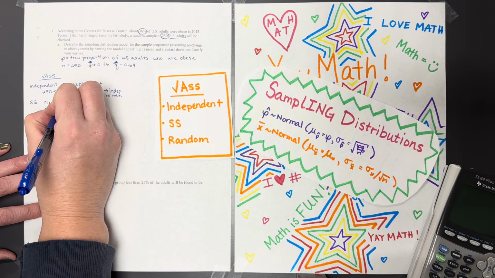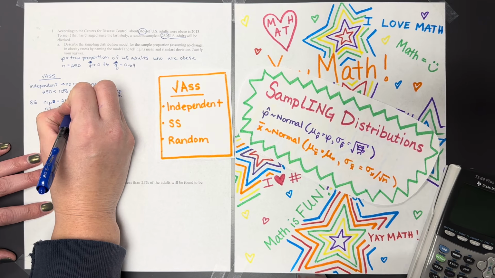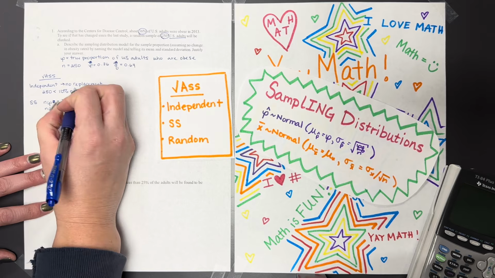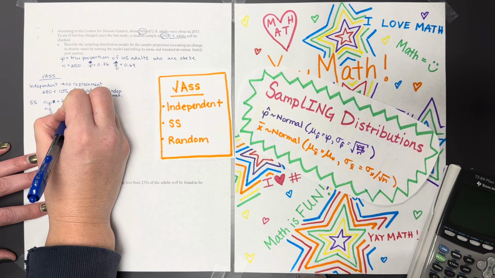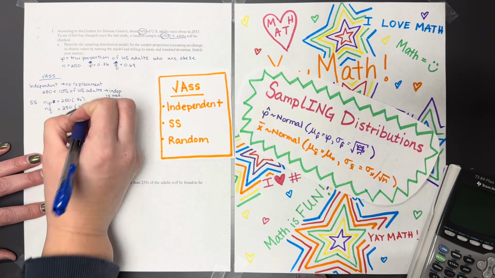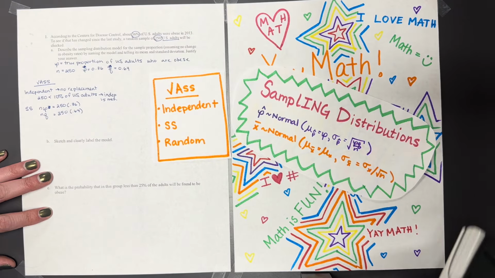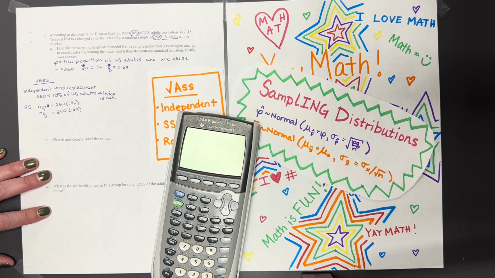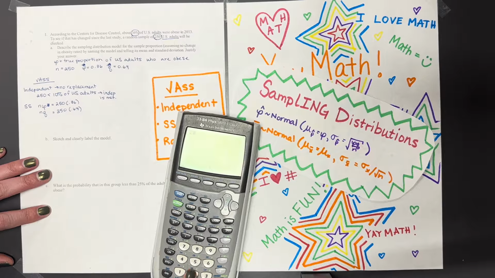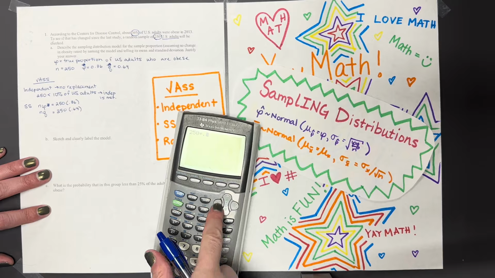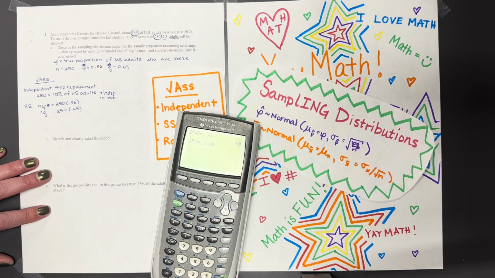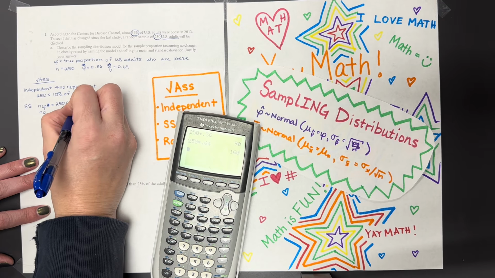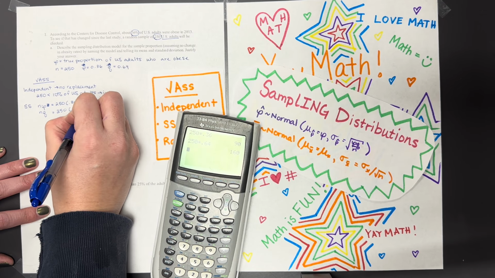In this case, n is 250 and p is 0.36. n is 250 and q is 0.64. Both of these numbers are substantially larger than 10, as we can see on my calculator, 250 times 0.36 and 250 times 0.64. These are both much larger than 10, so I am okay.